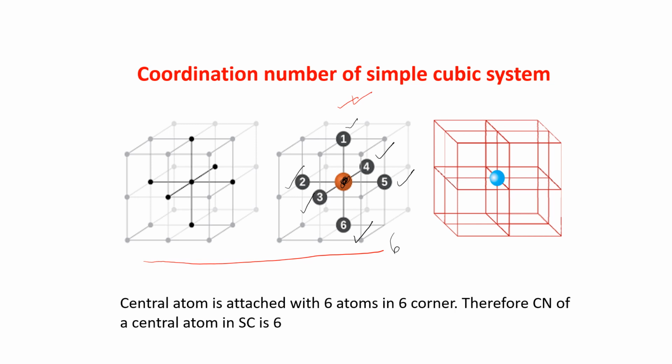Now come to this figure. You are very much familiar with this figure, you have seen it in the unit cell also. Now let us consider this atom. Let us see, this atom is touched by how many atoms? It is touched by 6 atoms in 6 corners.